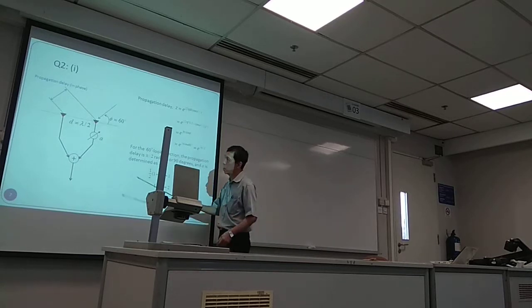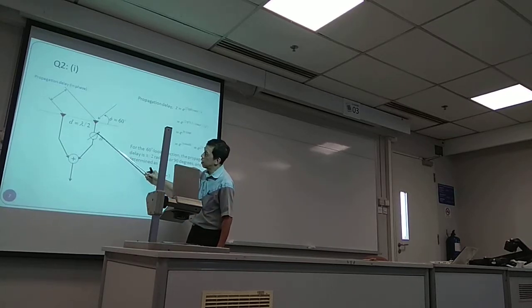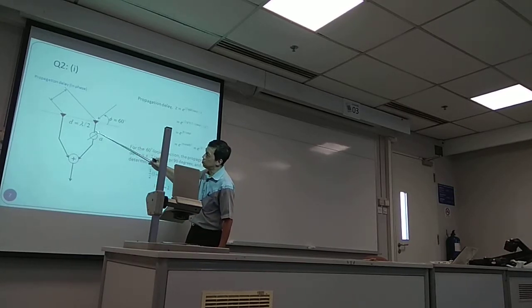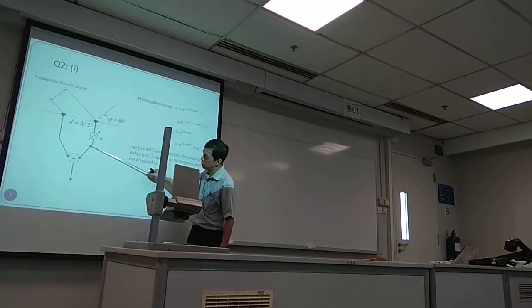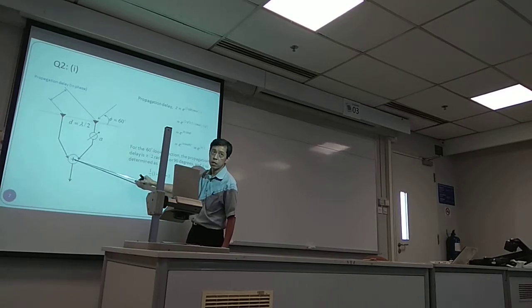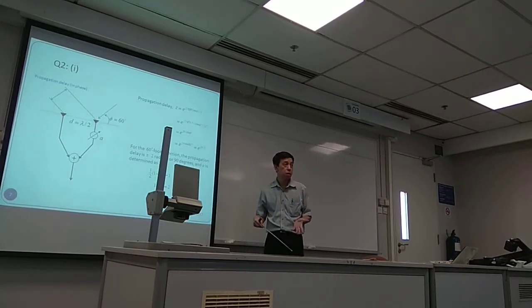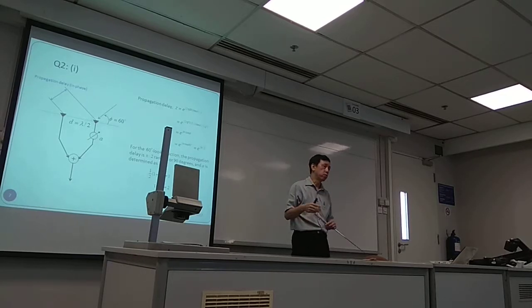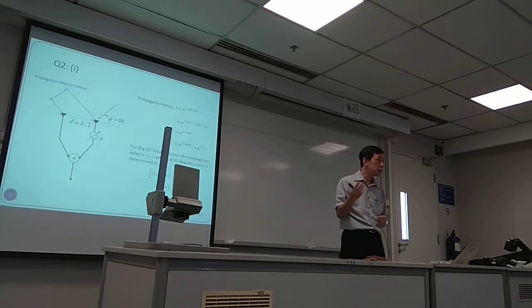So therefore, you have to have this element to actually time delay or phase delay the signal received from this element, so that the two signals, when they are arriving at the summer over here, will be in phase. So if they are in phase, means what? When you sum them, they will enhance each other.